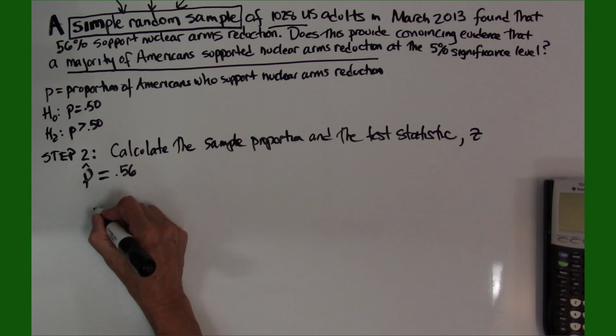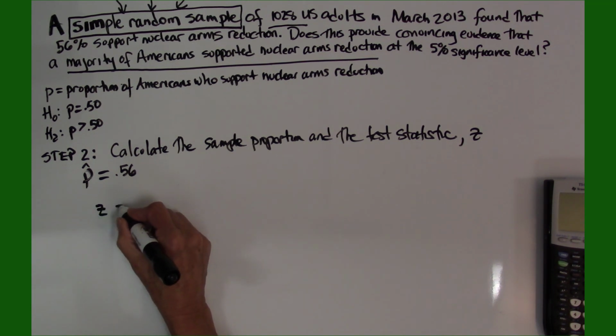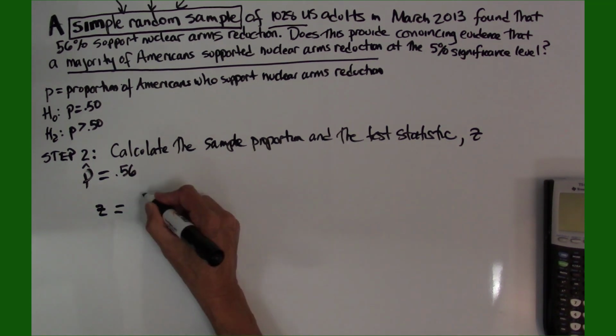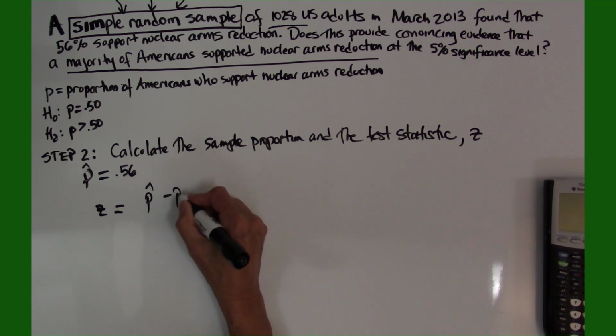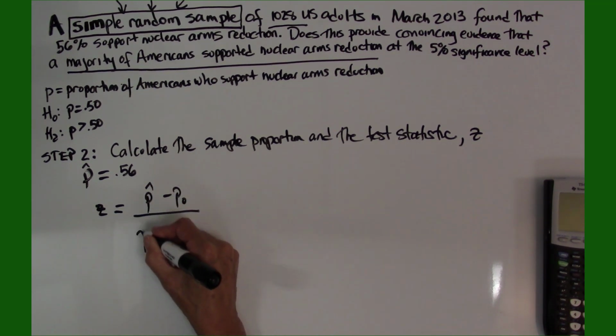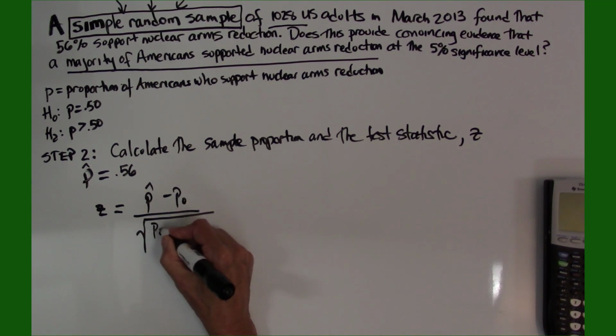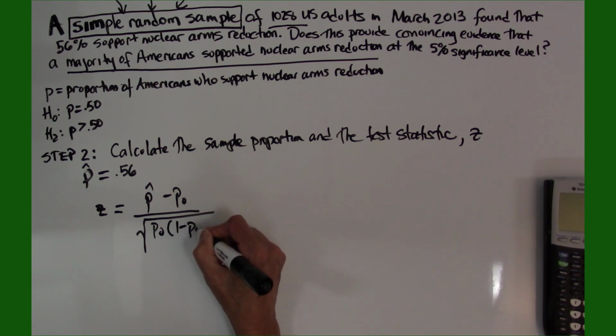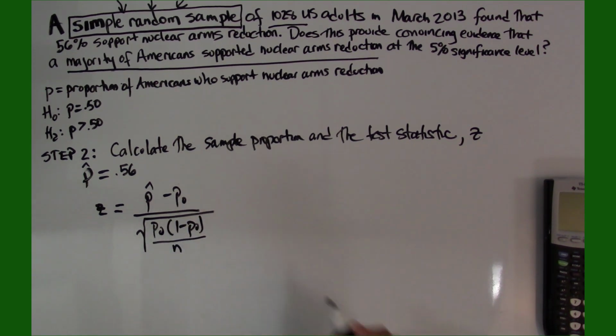Our test statistic z is given by this formula: p hat minus p naught, divided by the square root of p naught times 1 minus p naught over n.